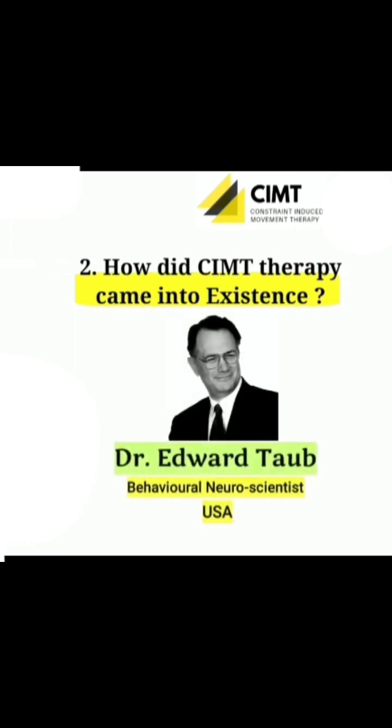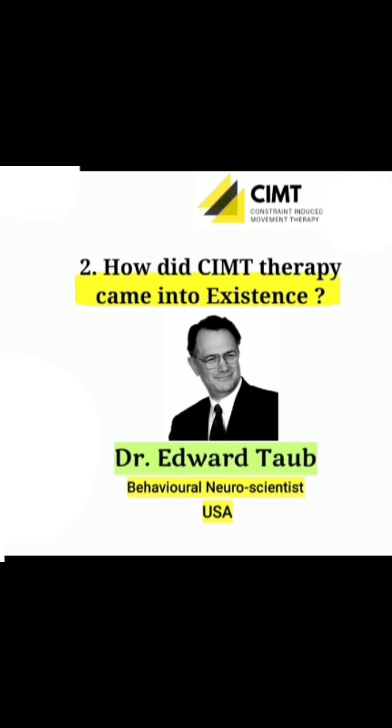Now let's talk about how CIMT therapy came into existence. This idea, constraining the stronger side upper limb to facilitate the functional recovery of the weaker side, was first proposed by Dr. Edward Taub.